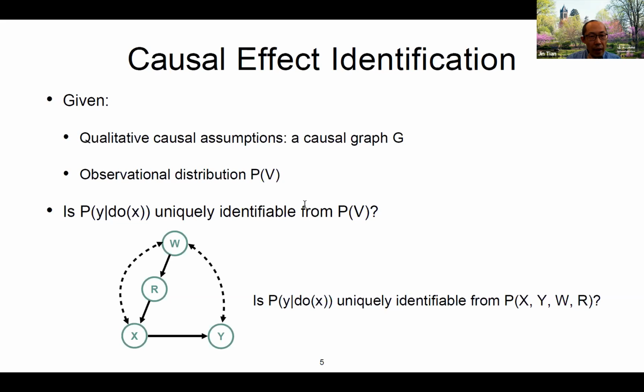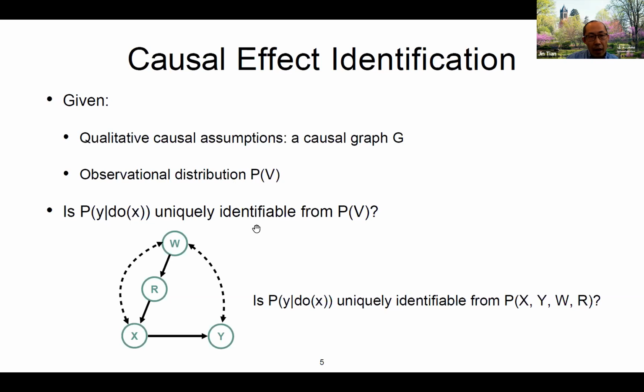Here, if an effect is deemed unidentifiable, it basically means there might exist two underlying SCMs such that they agree on the observed distribution, but they disagree on the causal effects, which means even if you collect an infinite amount of observational data, you will not be able to compute the causal effect.